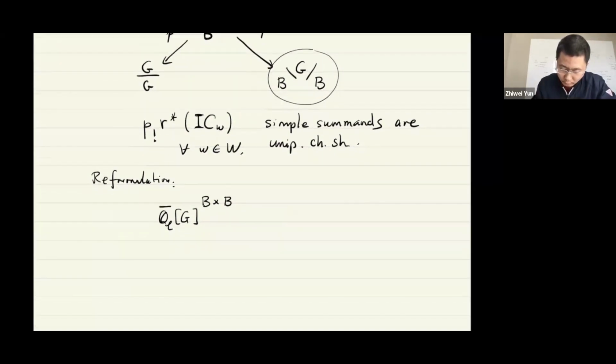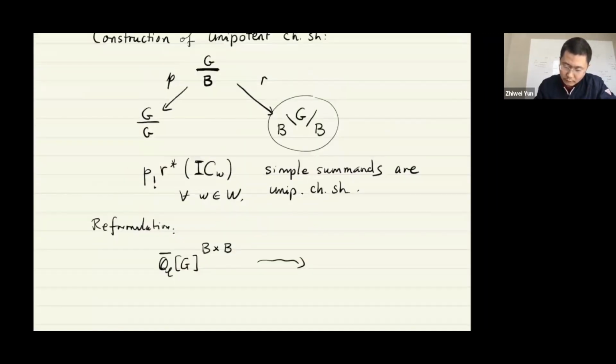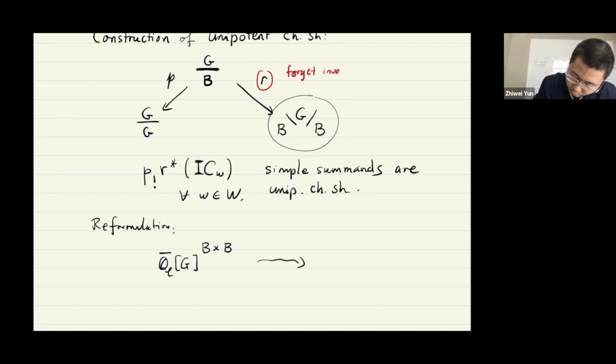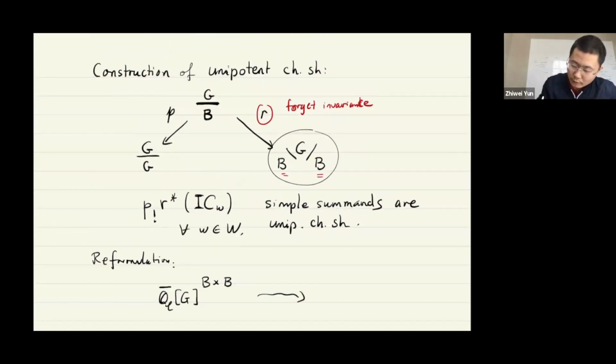And using some kind of horocycle transformation, we arrive at a class function. This horocycle transformation is basically: pullback by R just forgets some symmetry, some invariance property, going from B times B invariant to conjugation B invariant.